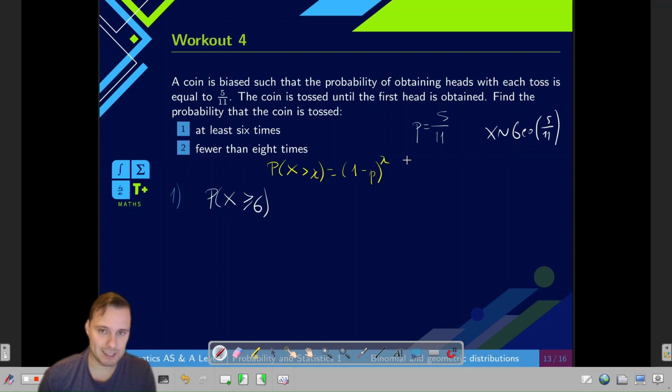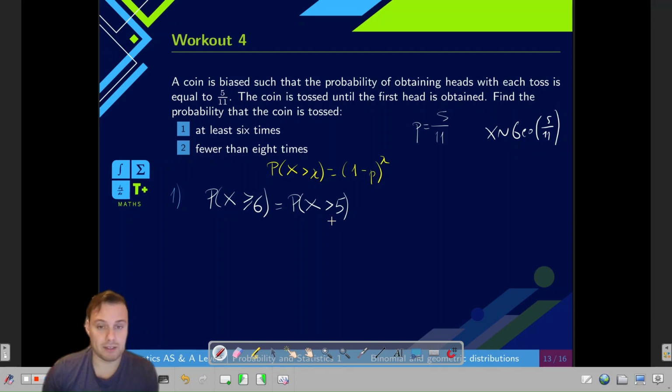Now the thing is, my formula has a greater than, and in my question I have a greater or equal than. So that can be misleading. Well, there's a very easy solution, because these are discrete variables, it is the same to say that x is greater or equal than 6 as saying x is greater than 5. You see that?